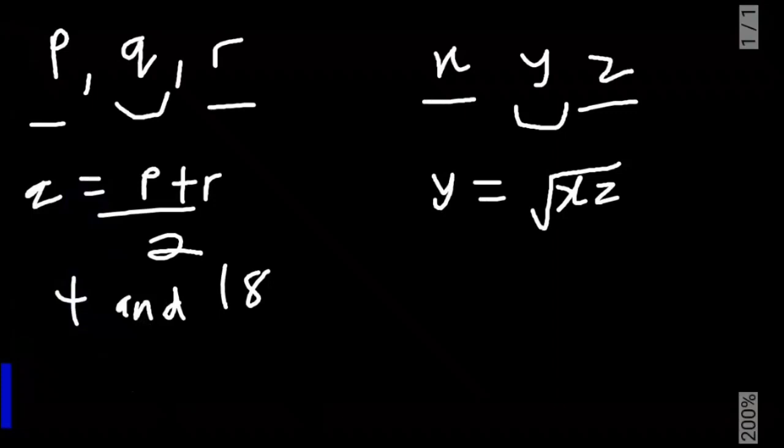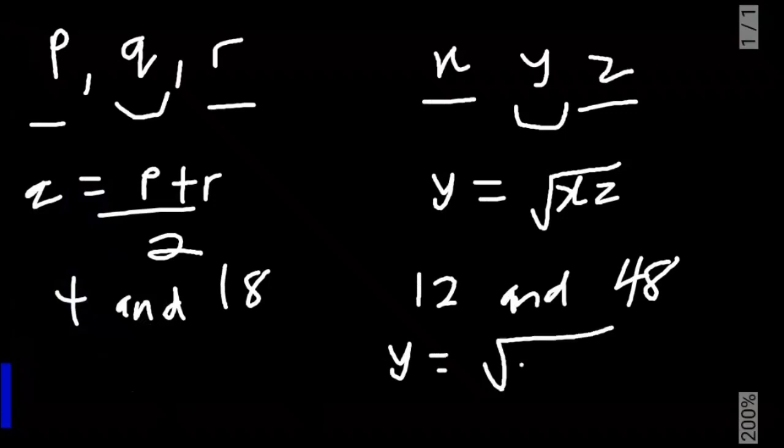Find the geometric mean between 12 and 48. We have the geometric mean y is equal to the square root of 12 times 48.